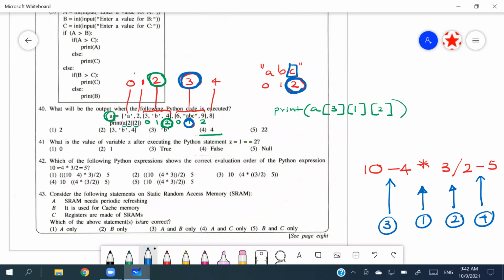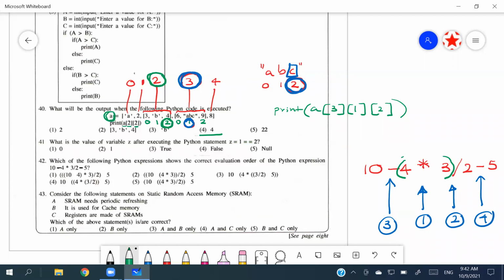So in that case, the first thing that should happen is 4 into 3, right? Again, with 4 into 3 there should be brackets at the beginning. They have gone by bracket levels. So 4 into 3 happens first.